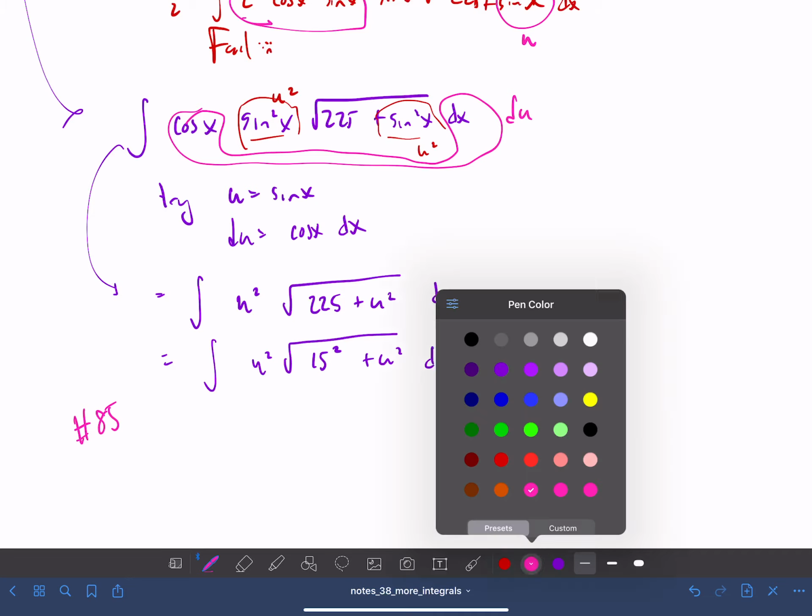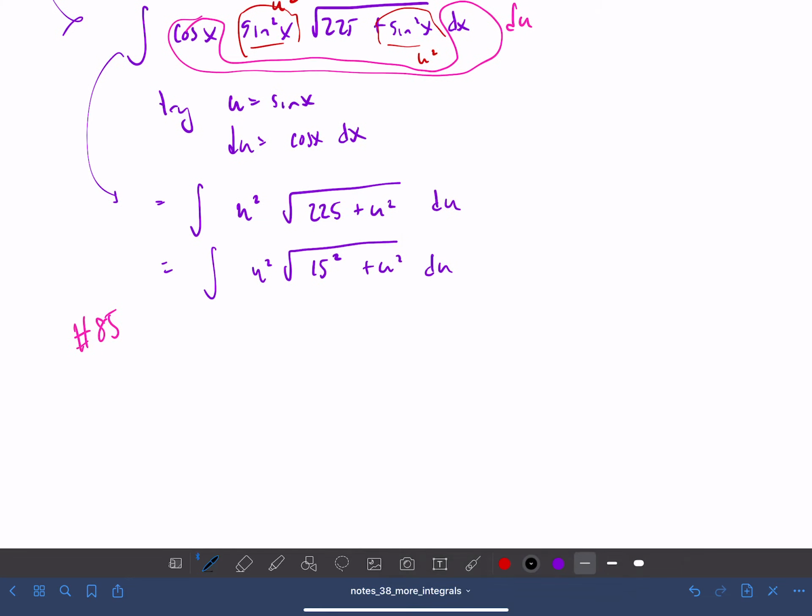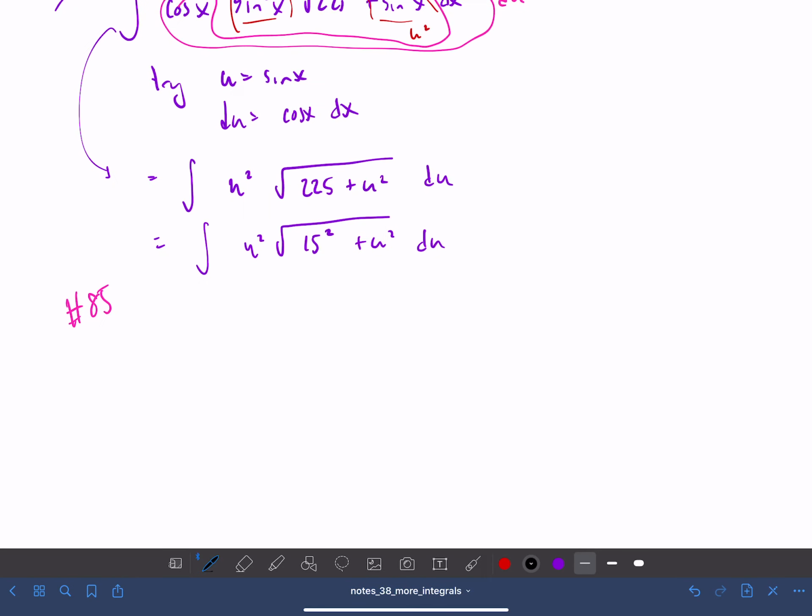Number 85 says that the integral of u squared times the square root of a squared plus u squared du is equal to, for the sticklers out there, I'll adjust that. Ooh, this is great.